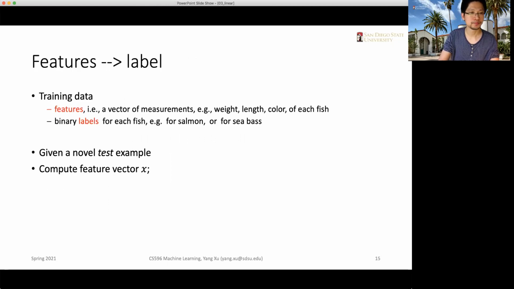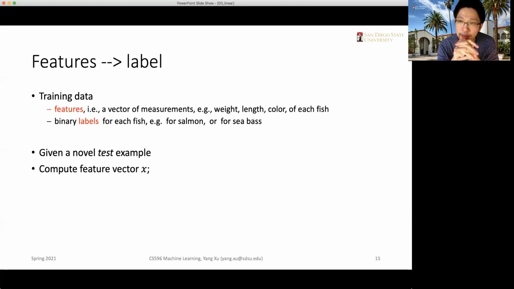Given the training data, the first step is to extract features in the form of a vector of measurements, including, for example, weight, length, color, right? And the label is something we want to predict. In this case, it's salmon and sea bass.